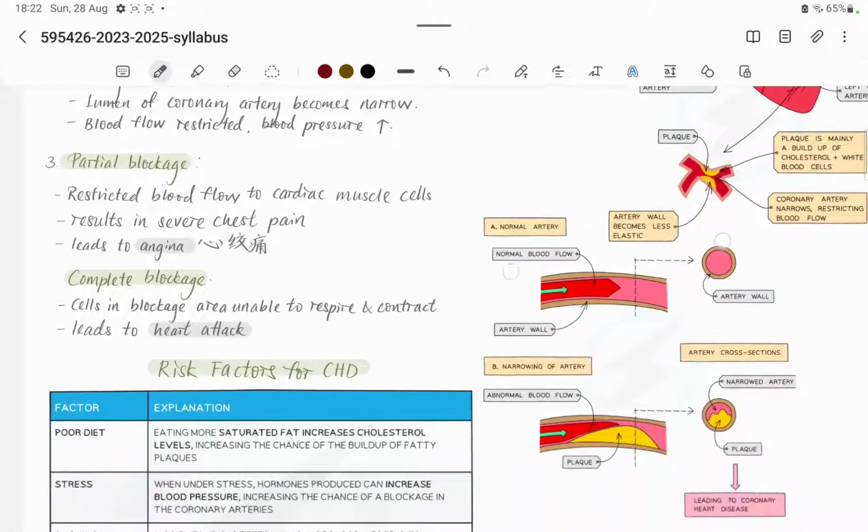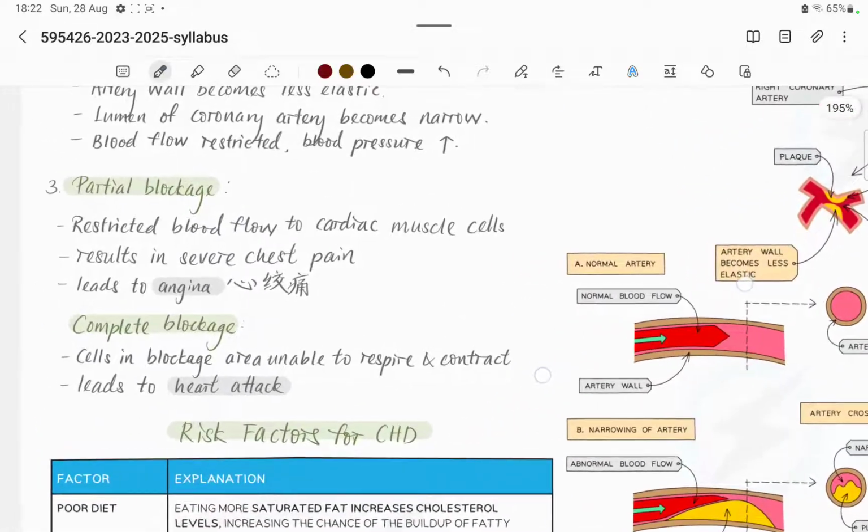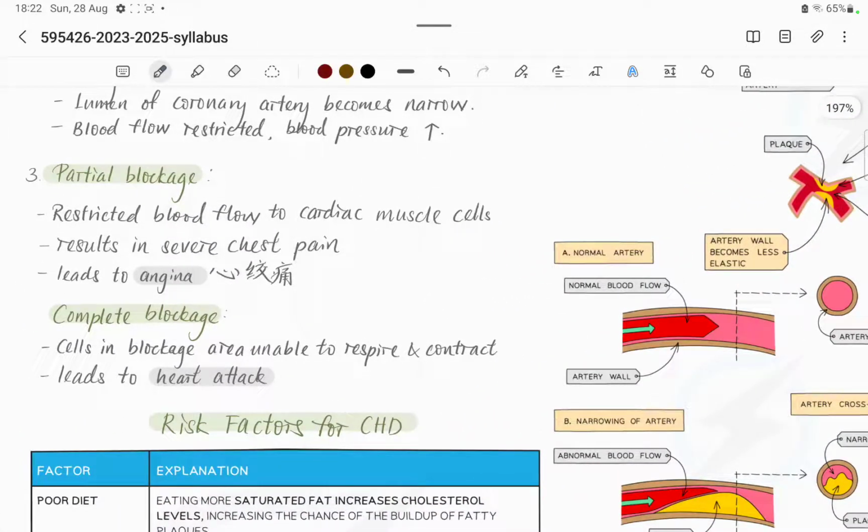So for the blockage of the cardiac muscle coronary arteries or the blood vessels, you have two types: partial blockage or complete blockage. Partial blockage, you need to write, blood flow to the cardiac muscle cells is restricted, and then this will result in severe chest pain.